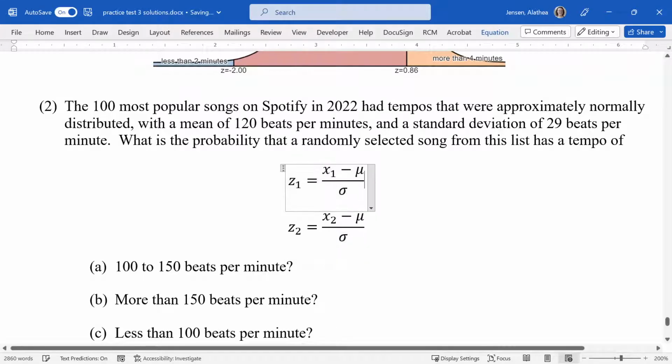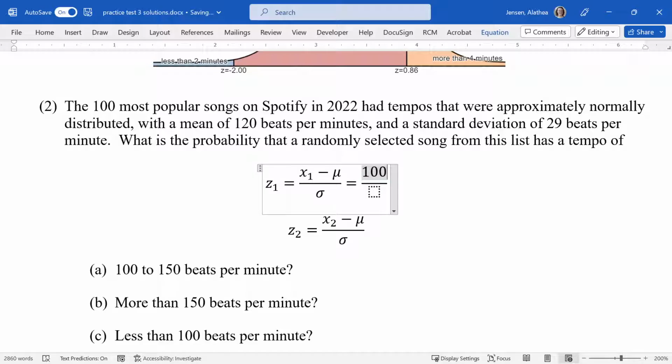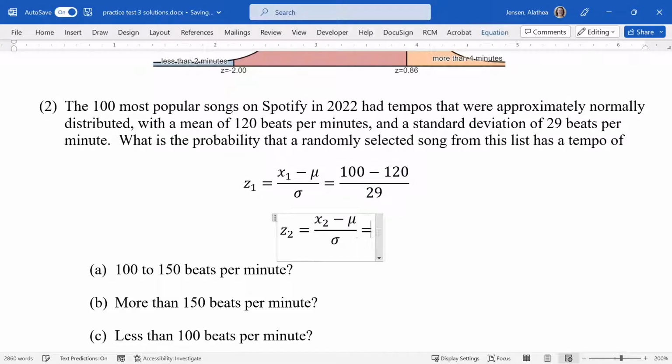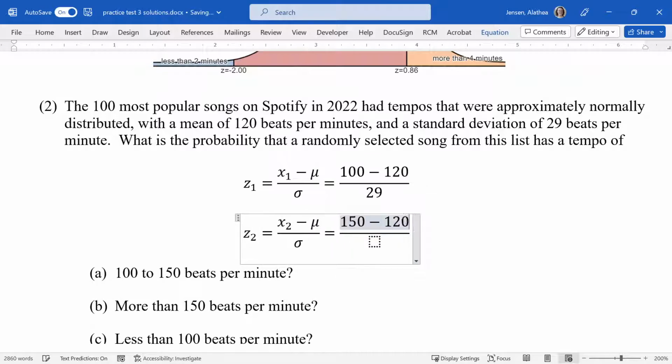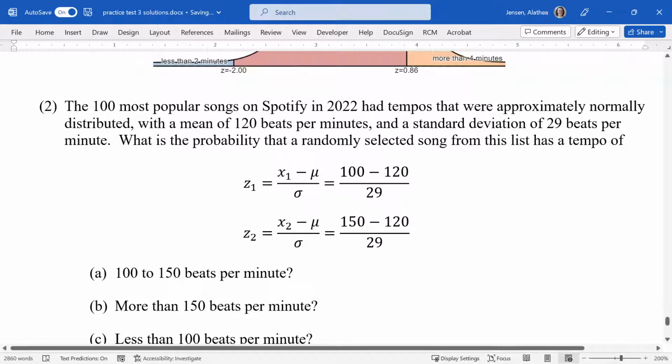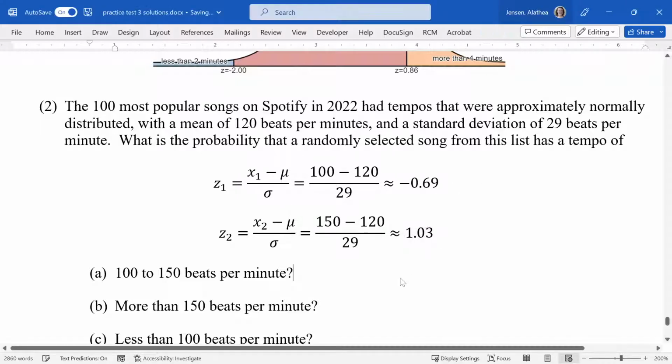My x1 is the first tempo I was interested in, 100, mu is 120, sigma is 29. My second tempo of interest was 150, mu is still 120, sigma is 29. I go to the calculator to find these z-scores, and these are the z-scores that I'm getting.